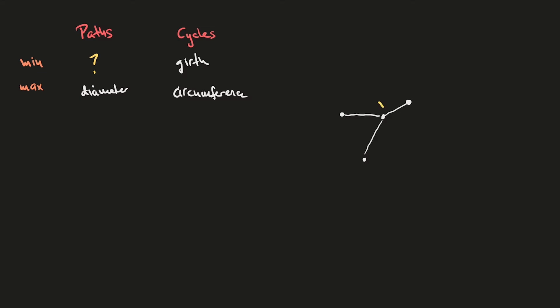Now, if we select any vertex V in G, then we can calculate its distances to all other vertices in the graph. For example, if we call these vertices A, B, and C, then the distance from V to A is equal to the distance from V to B and from V to C, and this distance is just 1. If instead of V we select B as our starting vertex, then we can again calculate the distance from B to any other vertex in the graph.